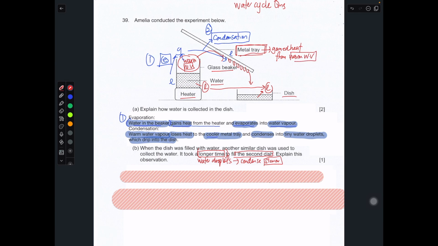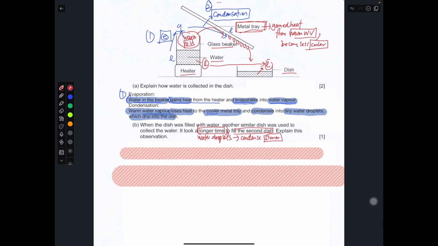Okay, so temperature will start to rise. It will become less cool over time. And because of it, the warm water vapor that's coming out from the next round in this question will actually lose heat, but it will lose heat slower. Okay, for this part, for question part B.